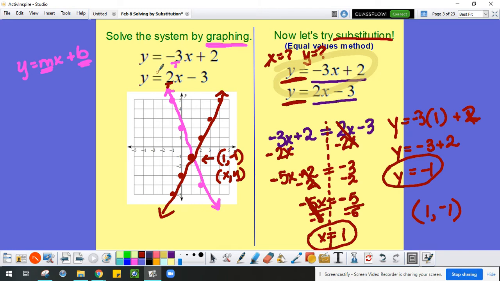So today we're going to show you how to do it with y equals problems, the substitution method, so that when it gets harder, you'll still understand that it really does get the right answer. This got -1 for y and +1 for x, this ordered pair. I got the same ordered pair by doing it by substitution. Y was -1 and x was +1. Ordered pair x, y, 1, -1.